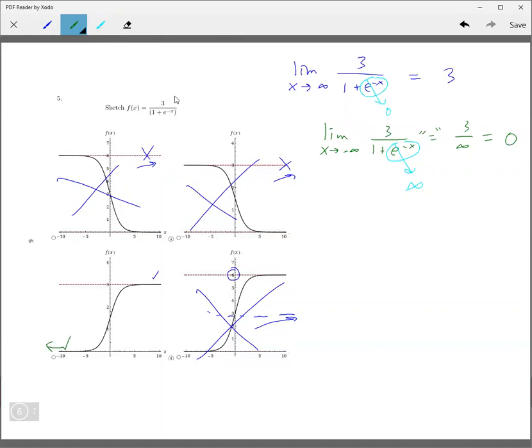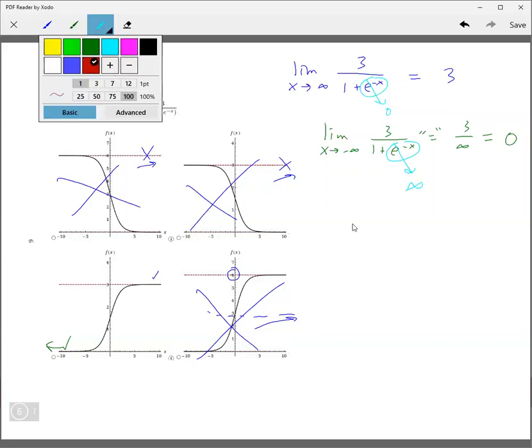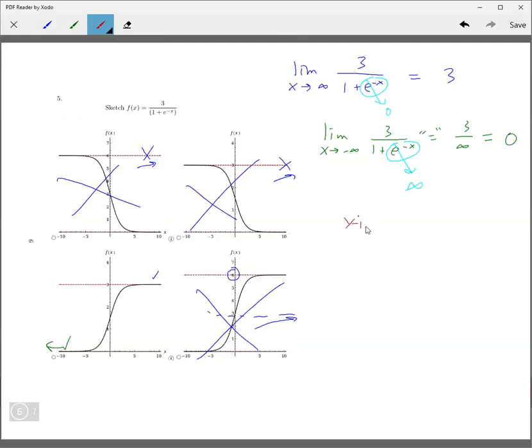Another thing that's good to calculate here would be the Y-intercept. That's the easiest thing to calculate. So f of 0 is 3 over 1 plus e to the 0, which is 3 over 1 plus 1. So e to the 0 is 1. So that's 3 halves.